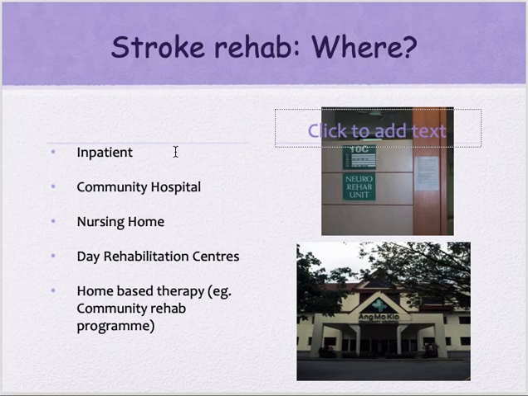Stroke rehabilitation can be done as an inpatient, in a community hospital, in a nursing home, in daycare rehabilitation centers, sometimes home-based therapy. For example, community rehab programs are also there.